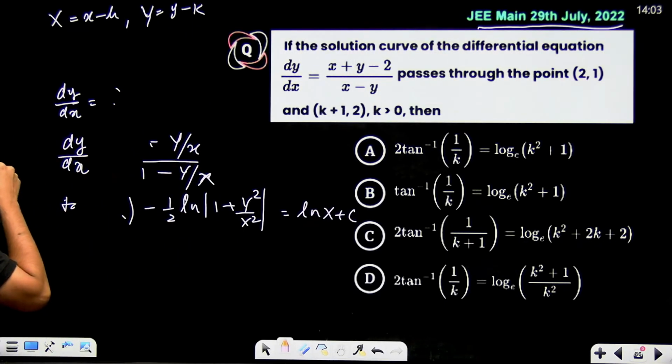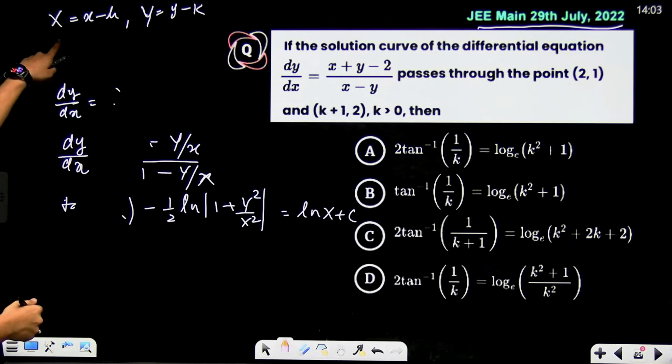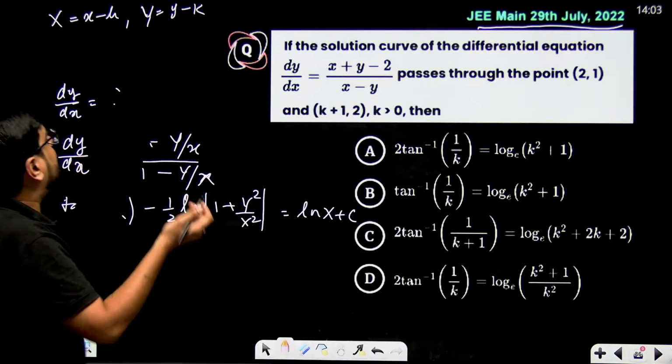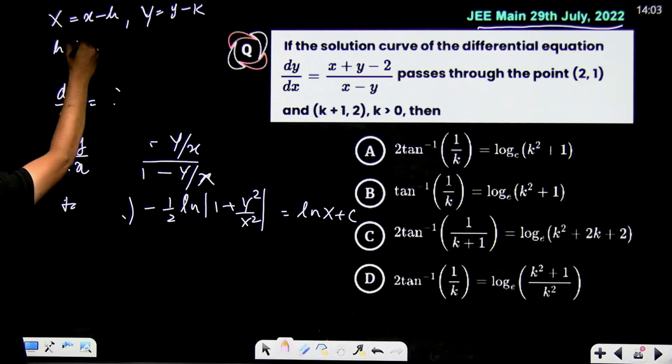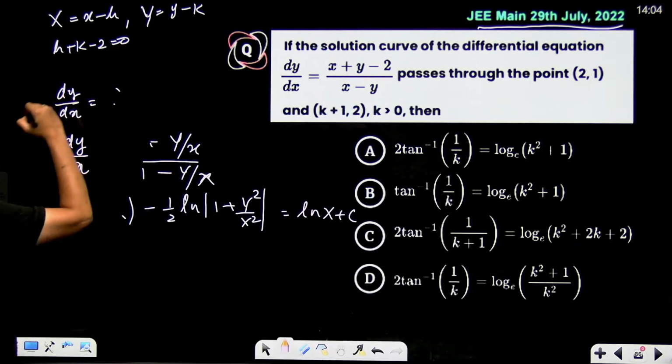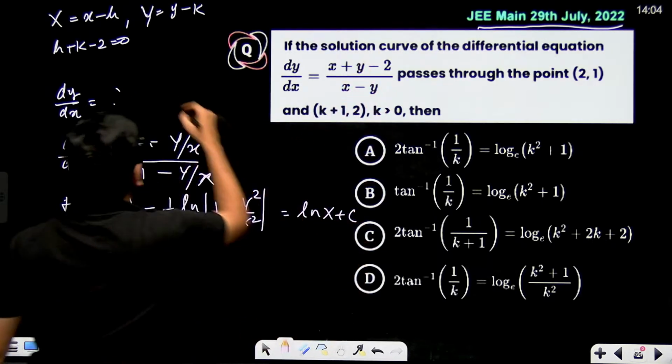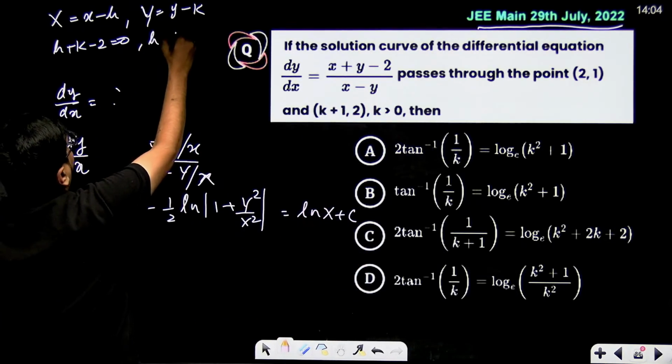Then my h plus k minus 2 will be equal to 0, and the second equation will be small h minus k equal to 0.